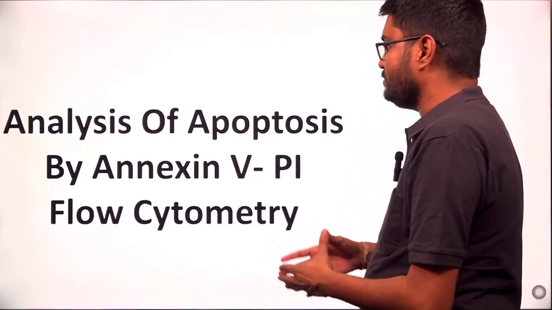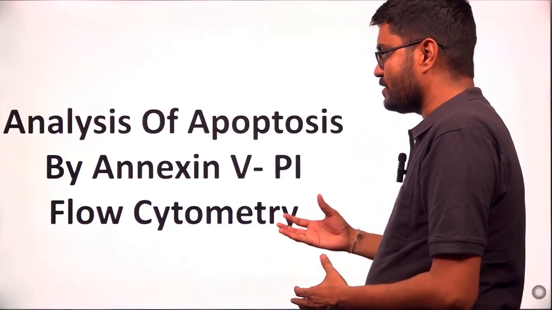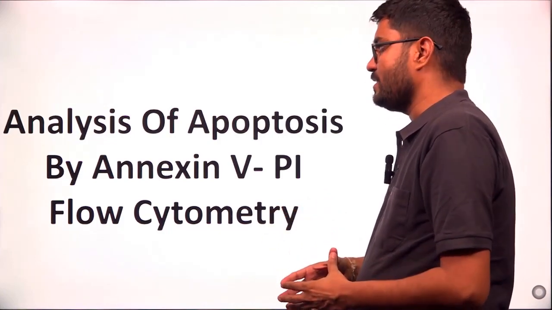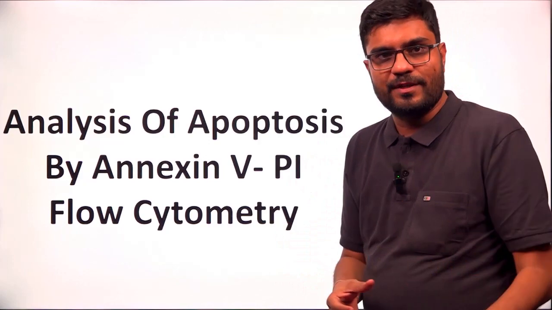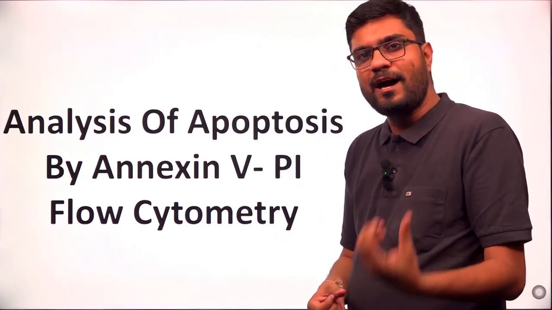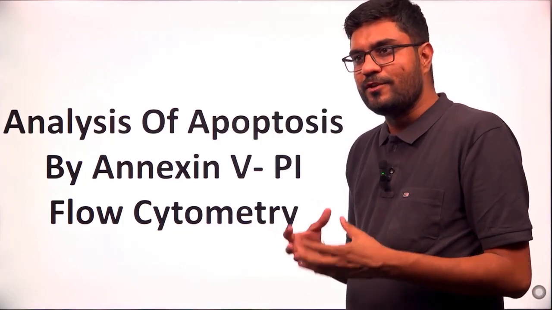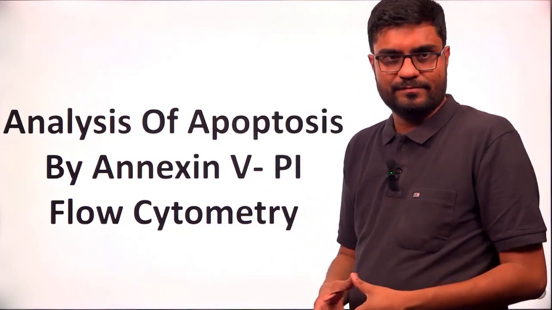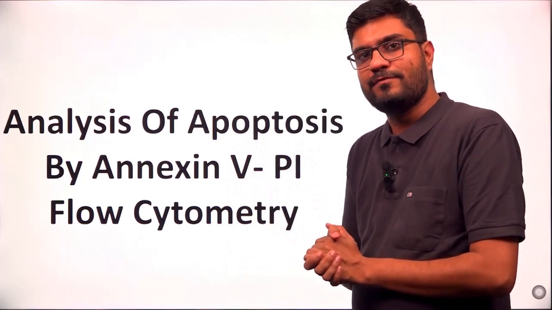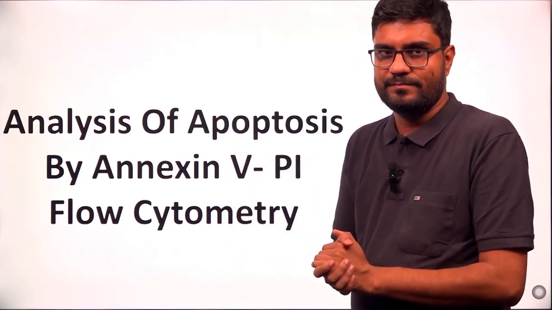So before starting the analysis of apoptosis by flow cytometry, we will first understand what is flow cytometry, what is the basic principle of flow cytometry, and how a flow cytometer is working, right? So let's start with the basic principle of flow cytometry.